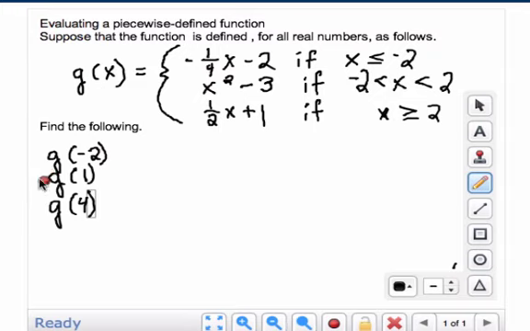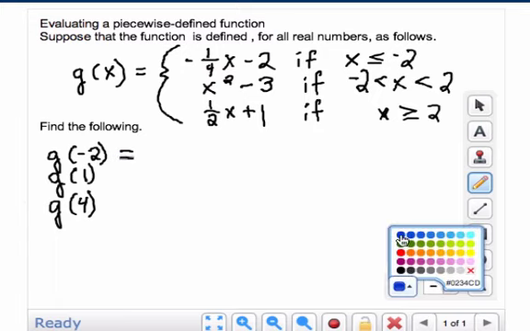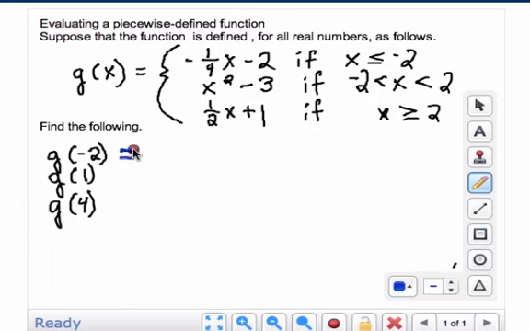Down here, this is what it's asking you to find: g of -2. It's basically asking you to find the y value when x is -2. So you come up here and ask, which piece does this fall into?